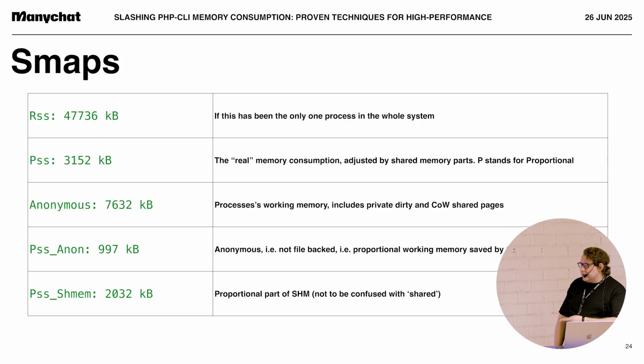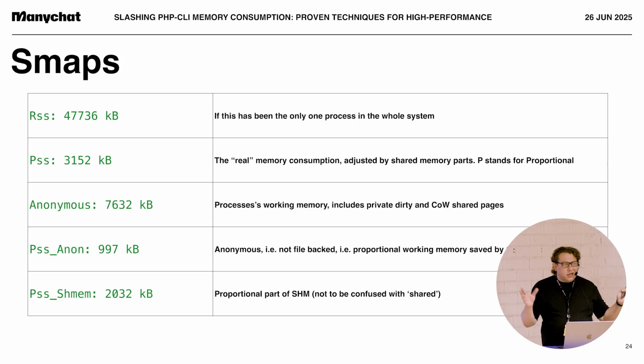Anonymous memory is the working memory of the process, so the memory allocated itself, and also the part of the memory that is dirty, meaning that it has copy on write pages overwritten.